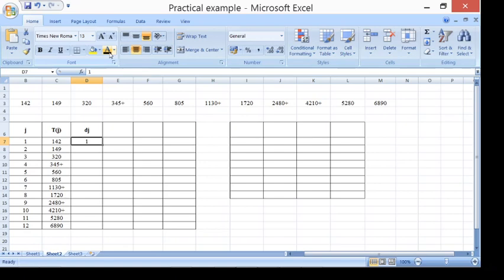Again at time point 149 we have another failure, and therefore D2 will be 1. Similarly at time point 320 we have another failure, so it will be 1. Now for 345 plus, at the point 345 no failure occurred.